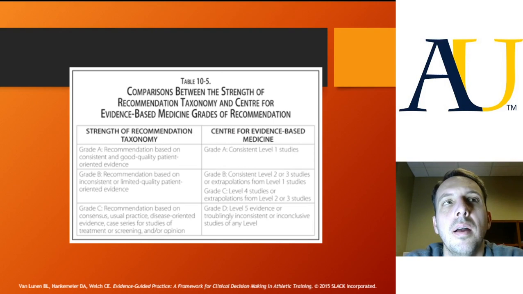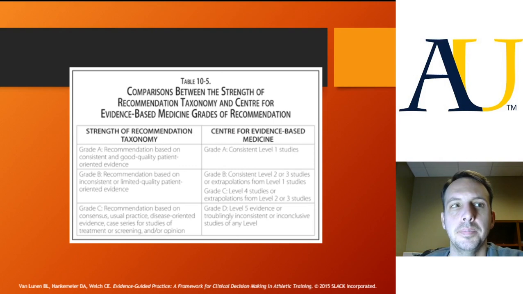Then grade B, or level 2 in the SORT, usually corresponds with level 2 and 3, some 4. So C for OCEBM is also in there with the B. So level 2 is level 2, 3, and 4 for CEBM, and B in SORT is B and C. And then a C for the SORT is the same as a D recommendation from CEBM or level 5 evidence.